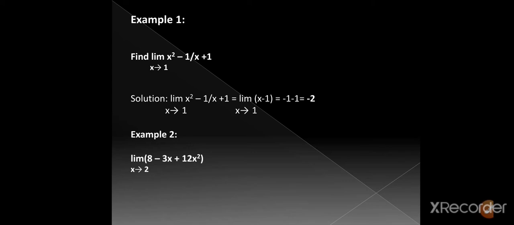Find the limit as x approaches 2 of the function 8 minus 3x plus 12x squared.